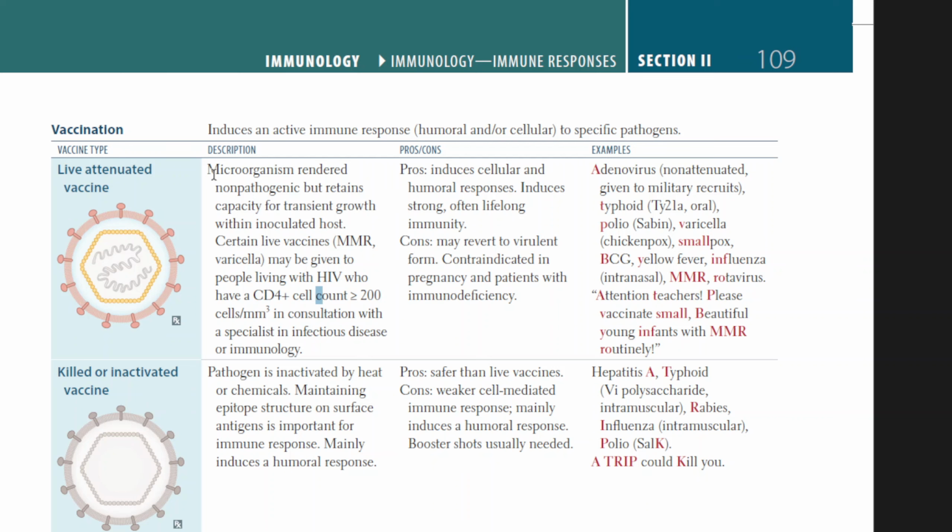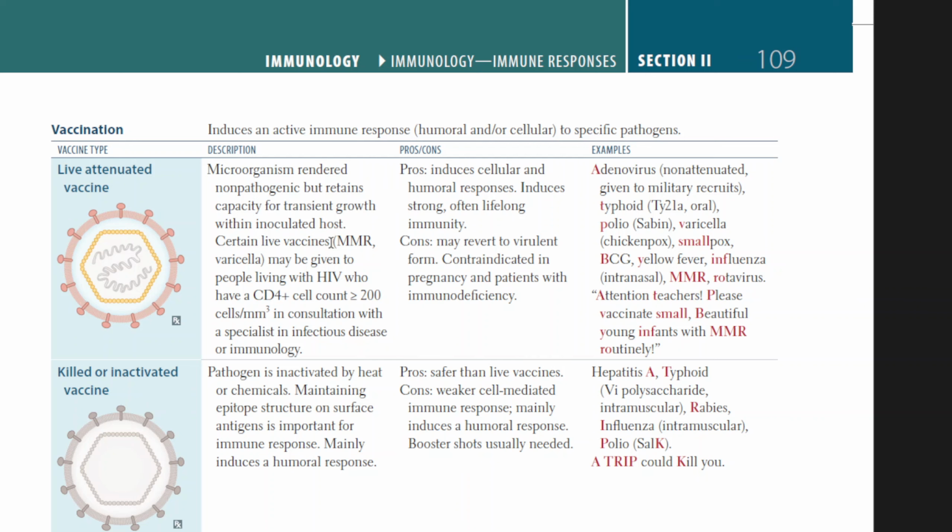So live-attenuated vaccines are microorganisms rendered, and in this case rendered means processed to clean the impurities, to clean the pathogenic part. So the microorganism is processed to be non-pathogenic but retains capacity for transient growth within the inoculated host.